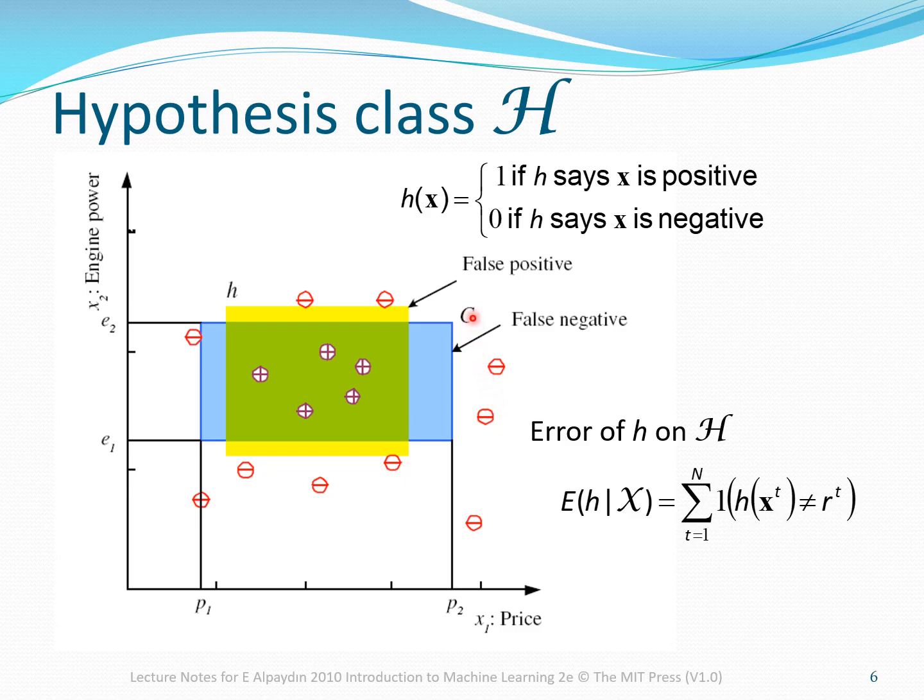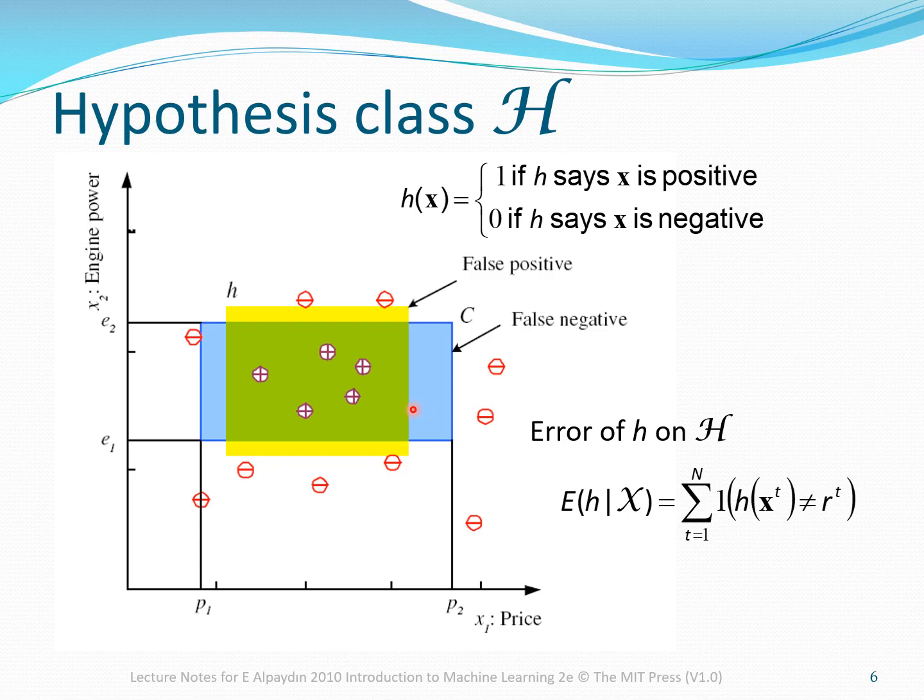Now, in this graph, we can see that this rectangle portion is C and the smaller one with the yellow color is the h containing all the positive examples. C is the actual class and h is our induced hypothesis.